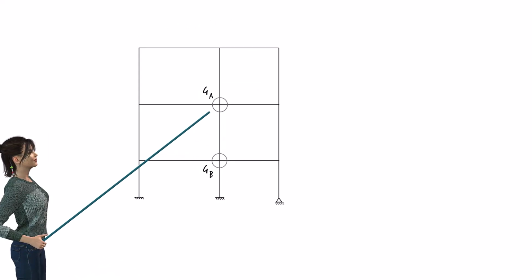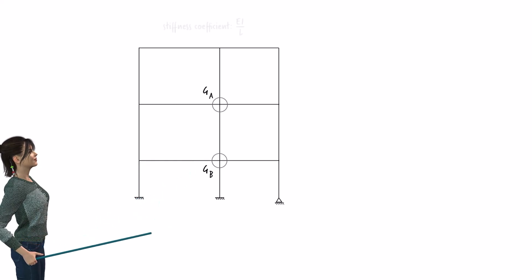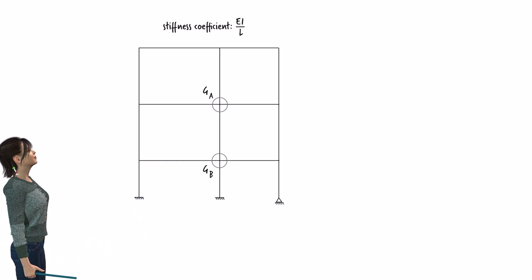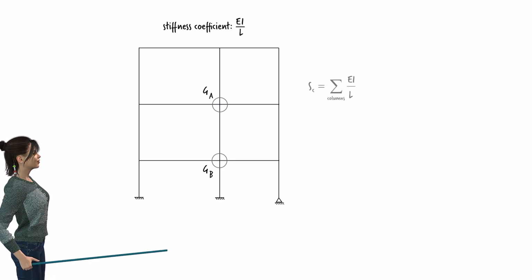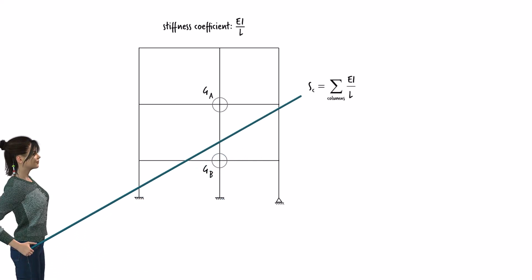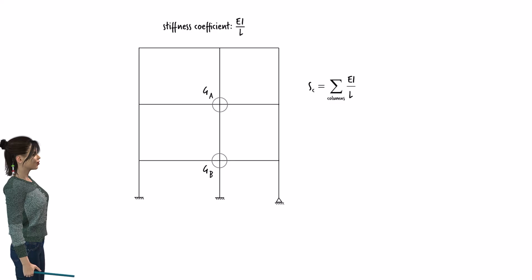Note that joint A connects two columns and two beams. We refer to the ratio EI over L for each member as its stiffness coefficient. The total stiffness at the joint due to the columns can be written as, and the total joint stiffness due to the connected beams can be expressed as. The stiffness ratio GA is the ratio of SC to SB.